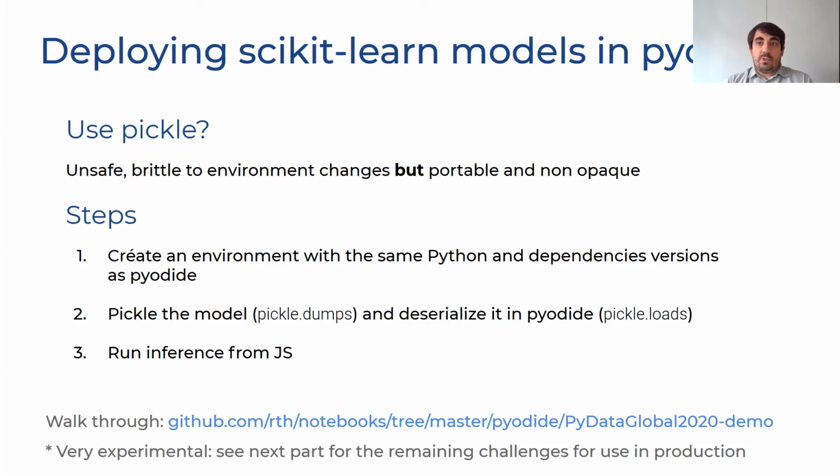You first have to train this model in the same environment, with the same version of Python and dependencies as Pyodide. Then you serialize the model with Pickle, so you get a byte object. You send this byte object to your browser, and then you deserialize it there. And essentially now you have the same model that runs in Pyodide. And then you can run inference, for instance, in JS.